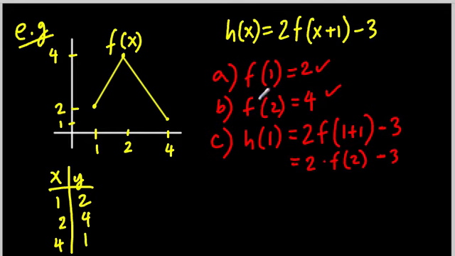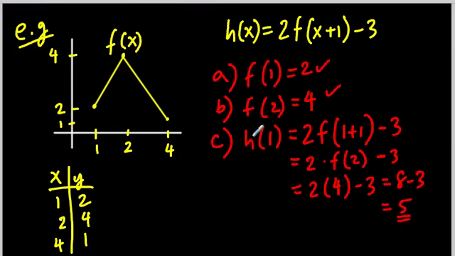Well, we've already determined that f of 2 is equal to 4. So this is equal to 2 times 4 minus 3, and that's 8 minus 3, and that's equal to 5. So in other words, if I did the transformation of f to get h, and wanted to figure out what h of 1 was, I would get 5.